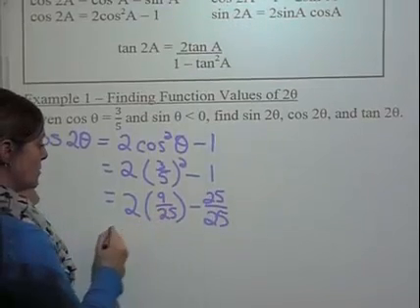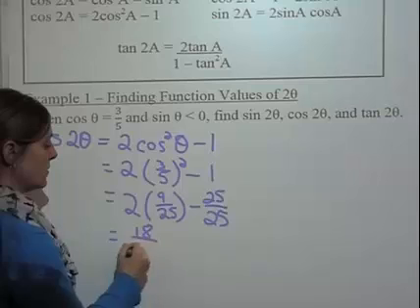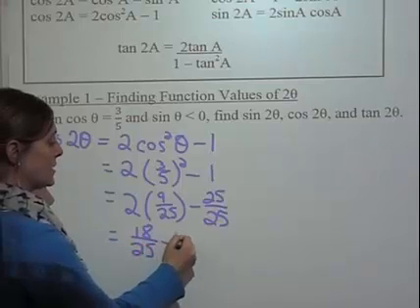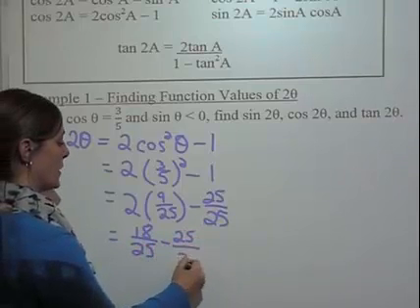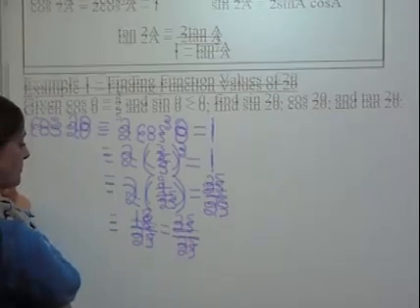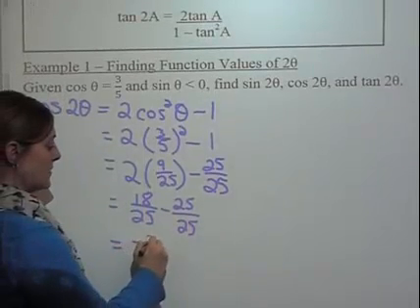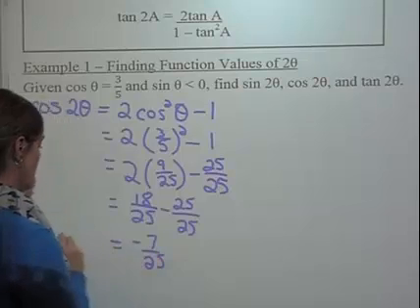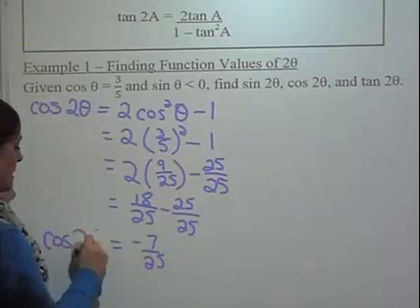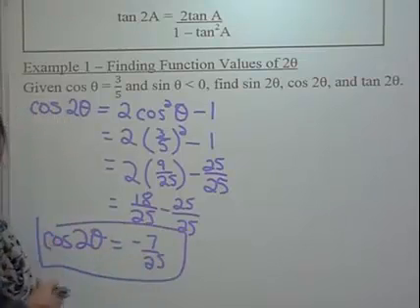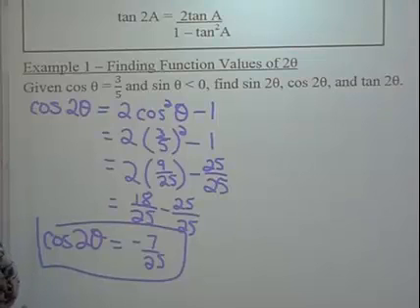And then we can just multiply. So we have 18 over 25 minus 25 over 25, and so that gives us negative 7/25. So cosine of 2 theta equals negative 7/25.